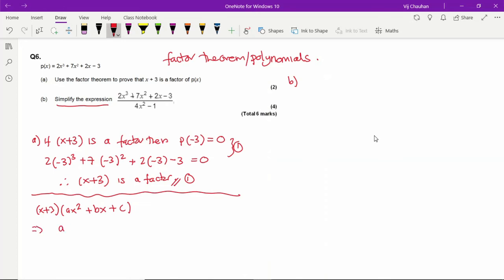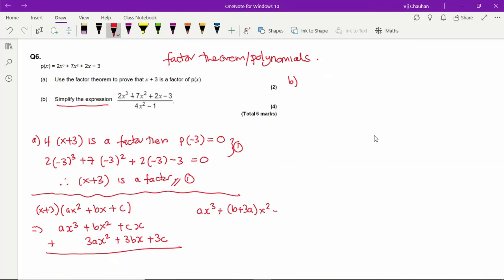So here we've got ax cubed plus bx squared plus cx, and then we're going to have 3ax squared plus 3bx plus 3c, and if I add that all up, which I'm going to do here, I'm going to get ax cubed plus bracket b plus 3a x squared plus c plus 3b x plus 3c.